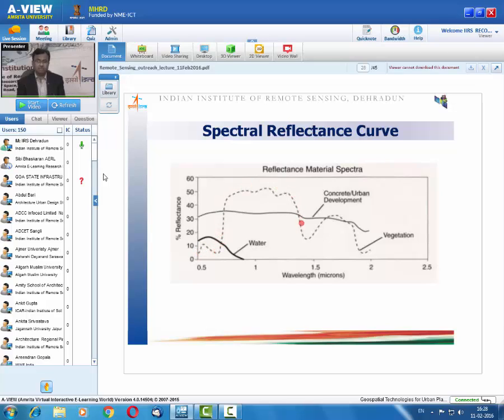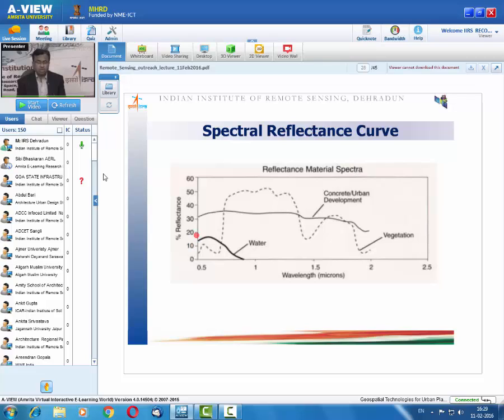You see one curve which shows the signal output generated when the energy falls on the surface and is recorded by the satellite. There is a sharp spurt in the infrared region. Subsequently, we have a dip, and then the signal intensity goes down, and then we have several spikes and a rising phenomenon. This is about the vegetation characteristics.